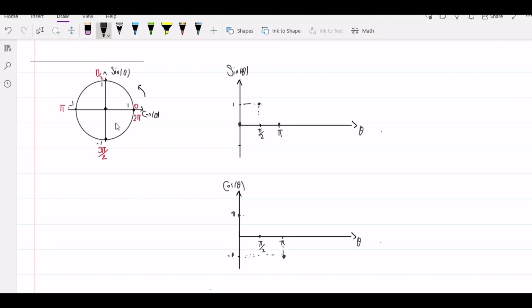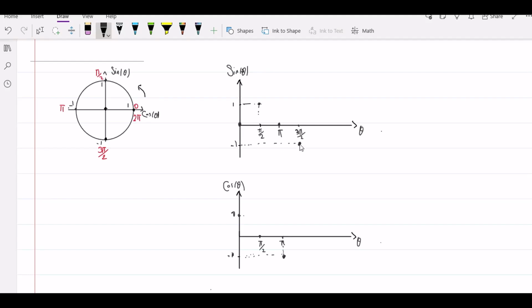Now we're going to move by increments of pi over 2. We get to the position of 3 pi over 2. When theta is equal to 3 pi over 2, the sine value would be equal to -1. I'm going to name this 3 pi over 2, and this one would be -1.